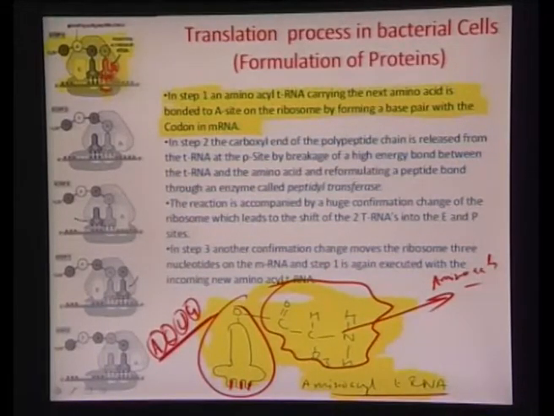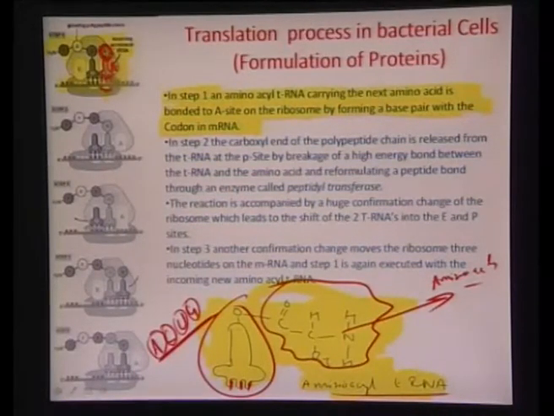There is a matching between complementary bases forming the basis of binding of the tRNA with the mRNA. On site A this binds first and then leaves an amino group here. As you can see in this illustration, the amino group is this circle here which has been left.